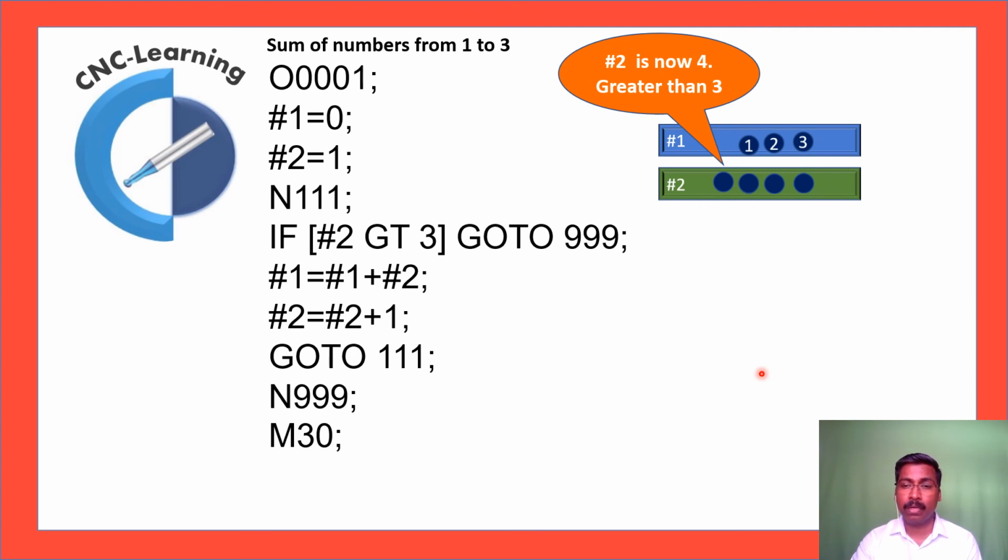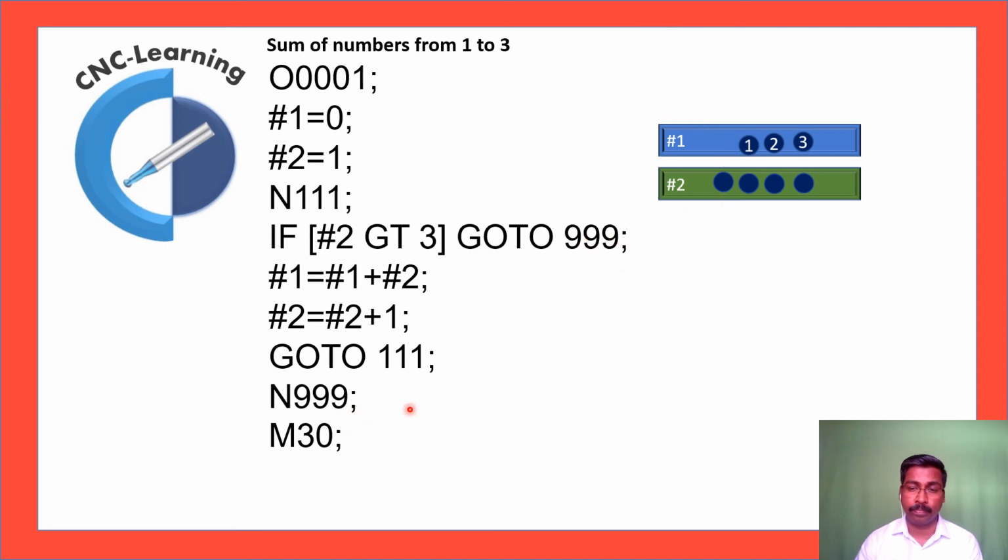So that means this statement is satisfied, and this will make the pointer move to N999. So now the value of hash 1 is equal to 1 plus 2 plus 3. So sum of numbers from 1 to 3 is already stored in hash 1.